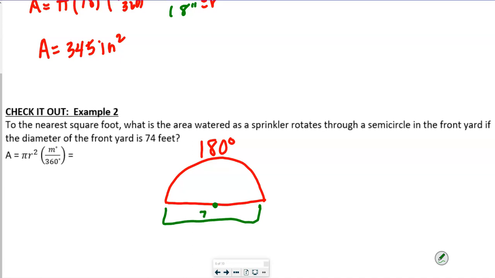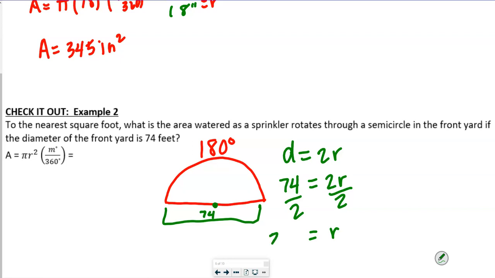So that's going to be 74 feet. So what's our radius going to be? Diameter is equal to 2 times the radius, right? So if the diameter is 74 and it's 2 times our radius, don't we have to divide both sides by 2? Tricky, tricky. Okay, so the radius is equal to, what is that? 37 feet? Yep.